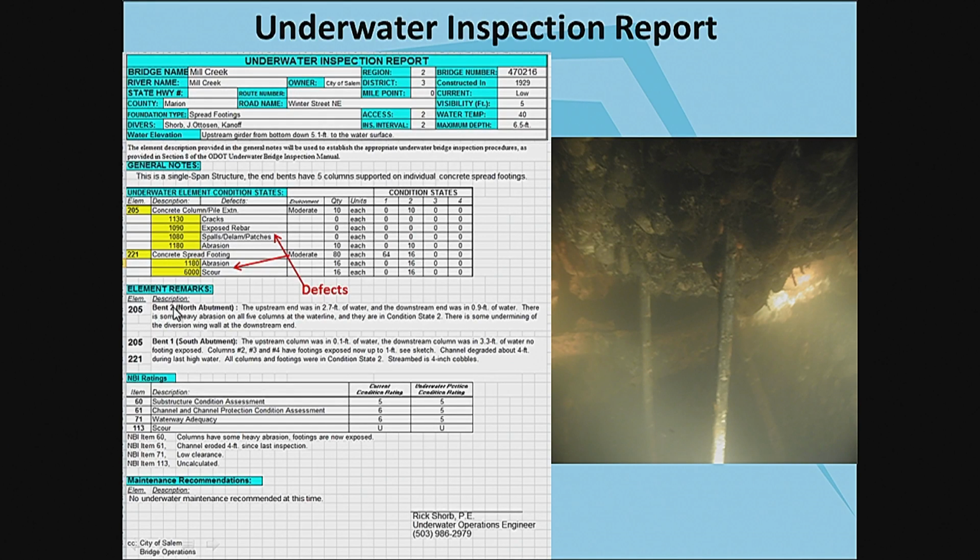This report also contains element remarks, pretty detailed usually. Also, some of the other items that they'll rate are the channel, the substructure, the waterway adequacy, and the Scour code.